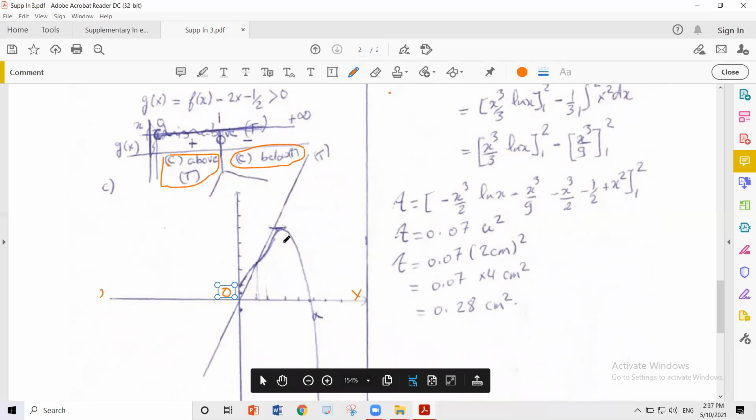The y-axis. This is the point of tangency, 1.